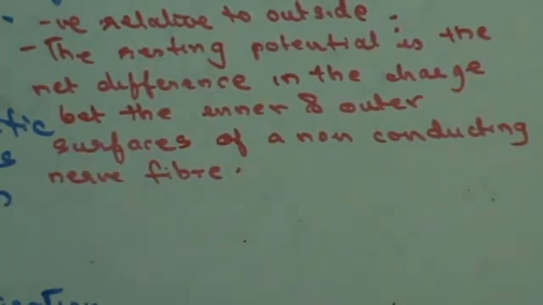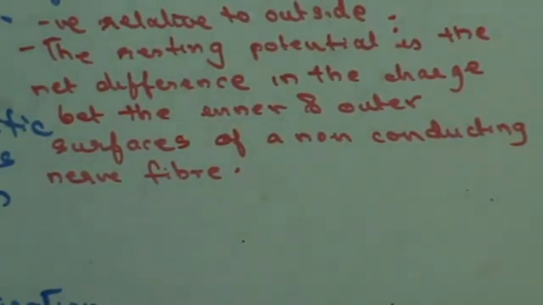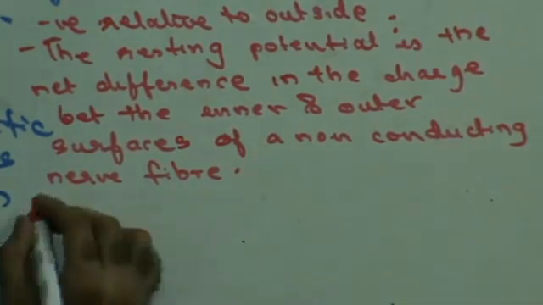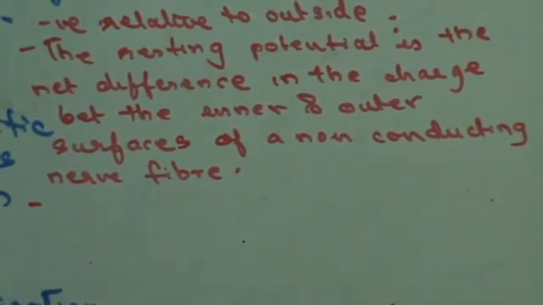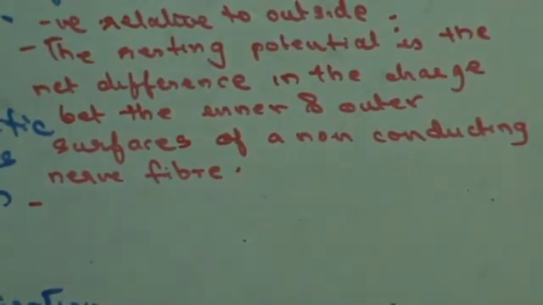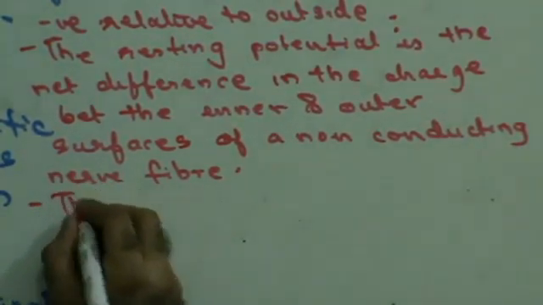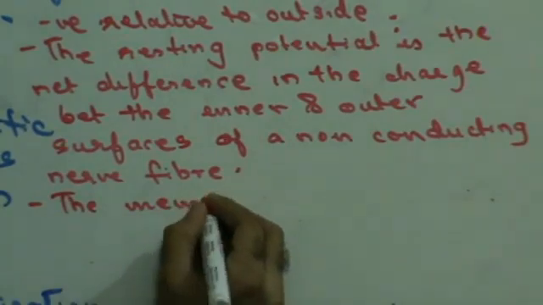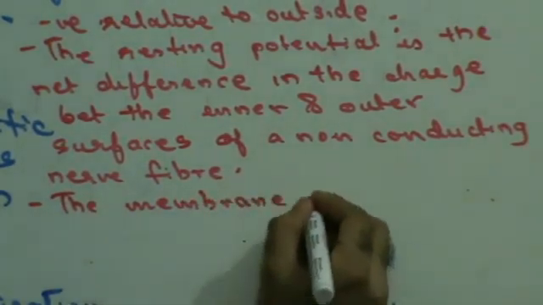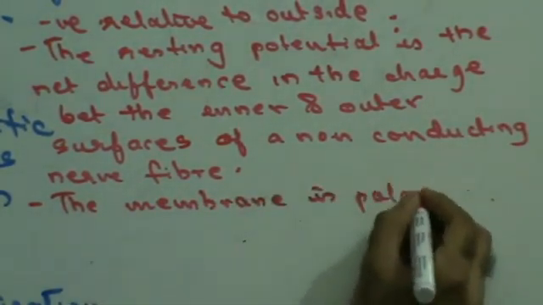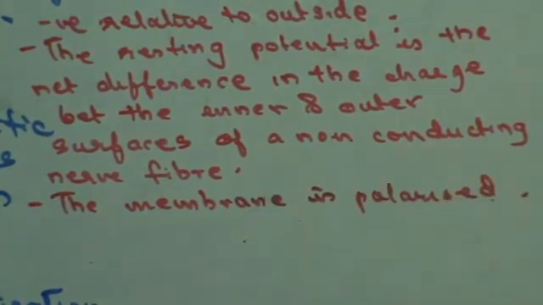Now, the membrane is highly polarized. Why does it become highly polarized? Because it has poor permeability for sodium ions and higher permeability for potassium ions. First, the membrane is polarized. Polarized means it has certain charge on it.